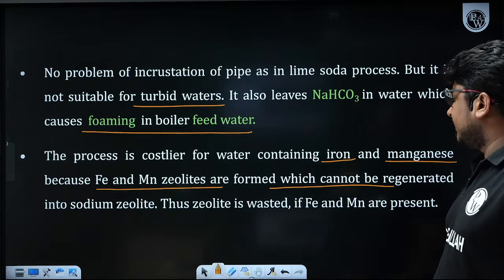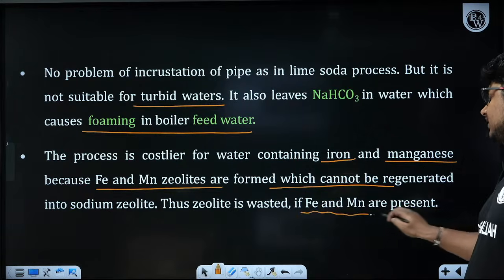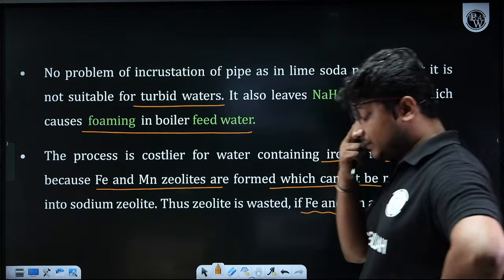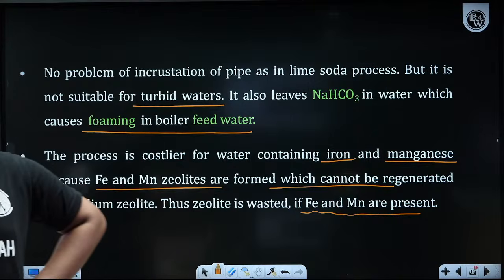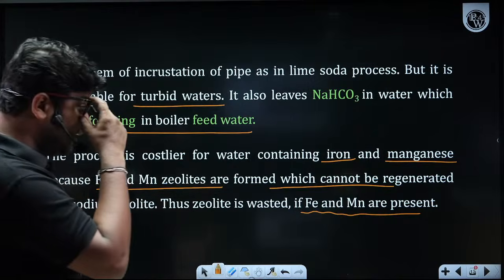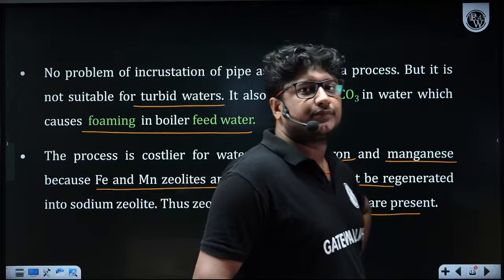Thus zeolite is wasted if Fe and Mn are present. So you have to take care that Fe and Mn are not present in the water sample, because otherwise you cannot regenerate with the brine solution.